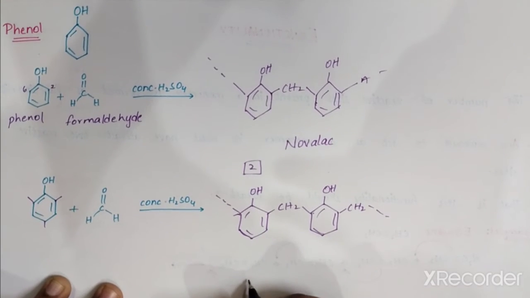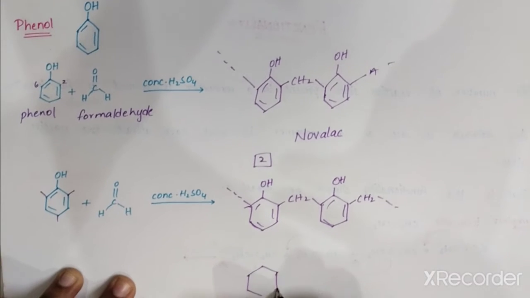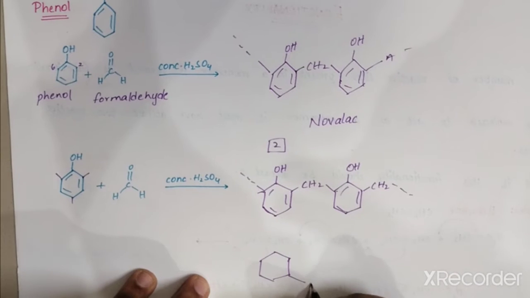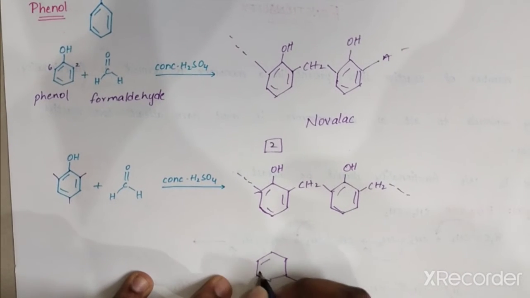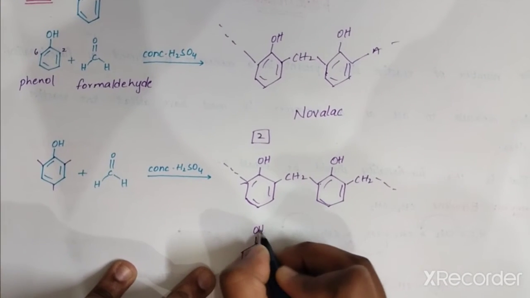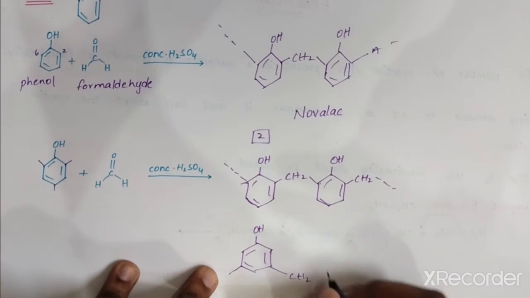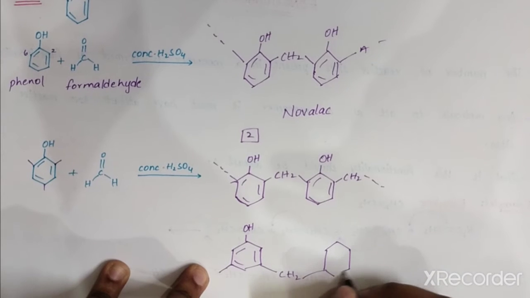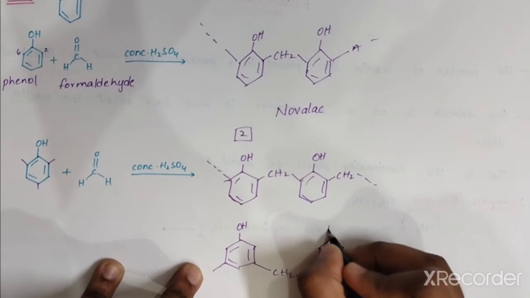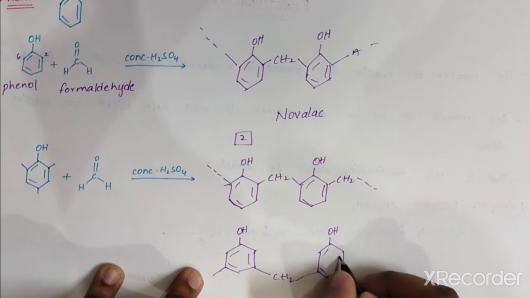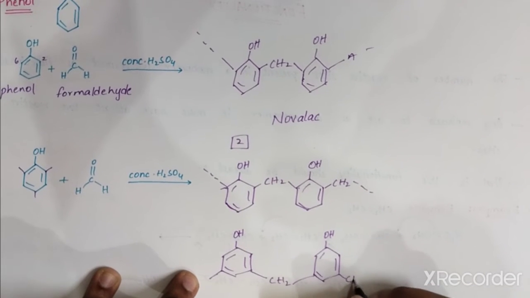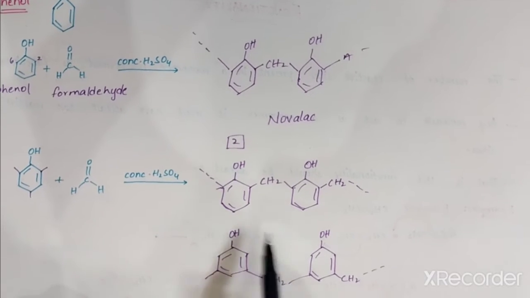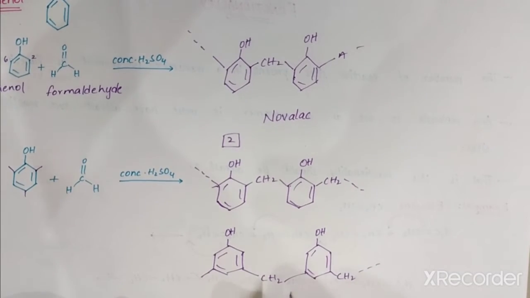Now again phenol at the para position. This is how it is formed, and the structure will be here.